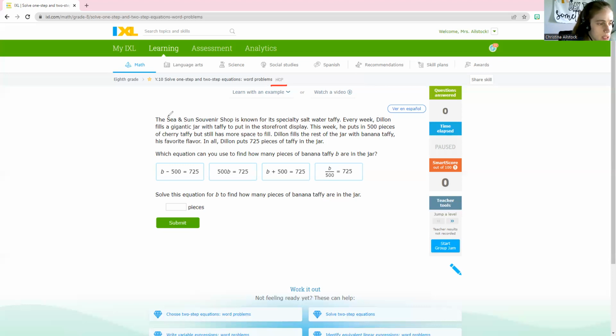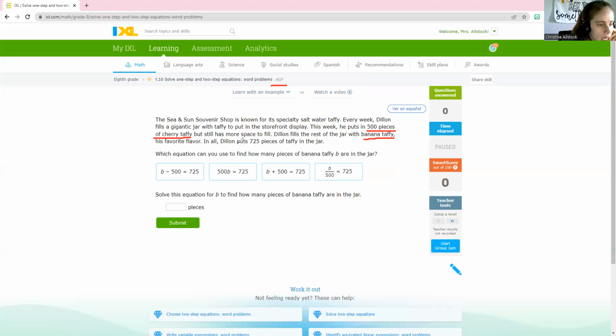All right, so the Sea and Sun souvenir shop is known for its specialty saltwater taffy. Every week, Dylan fills a gigantic jar with taffy to put in the storefront display. So this week, he put 500 pieces of cherry taffy, but still has more space to fill. He fills the rest of the jar with banana taffy, his favorite flavor.